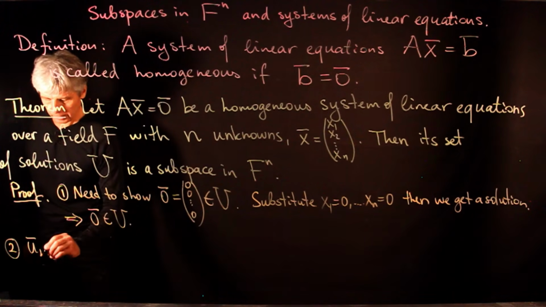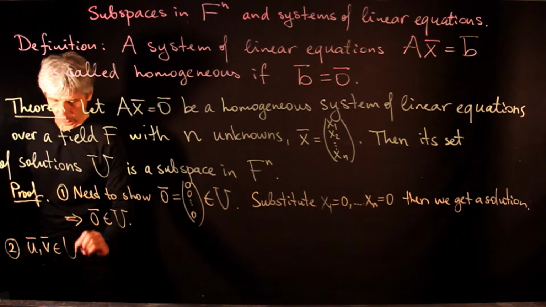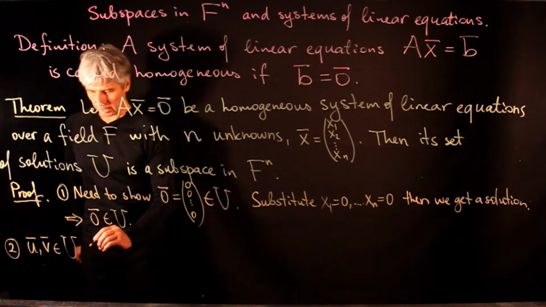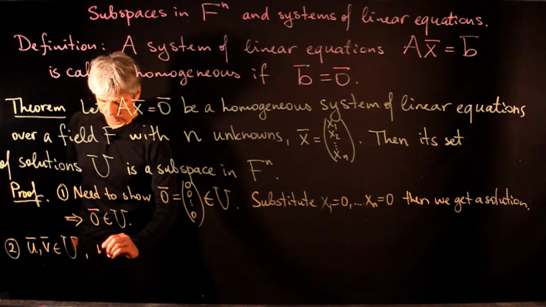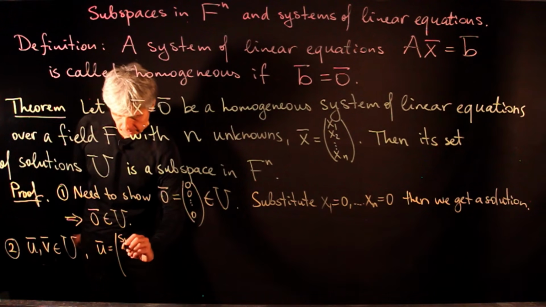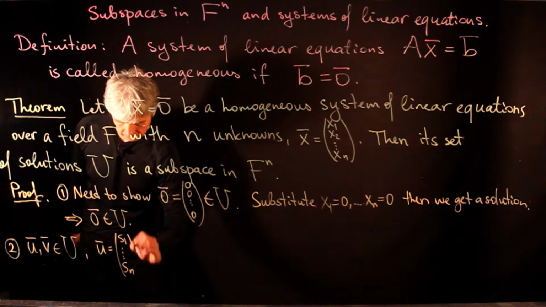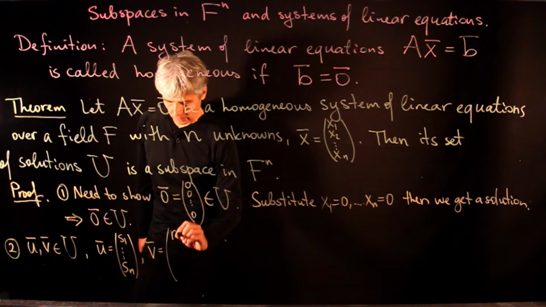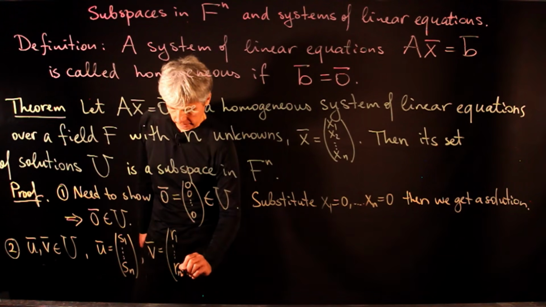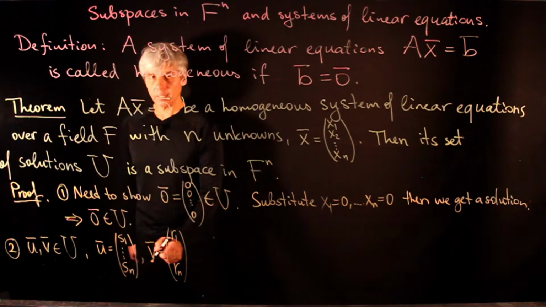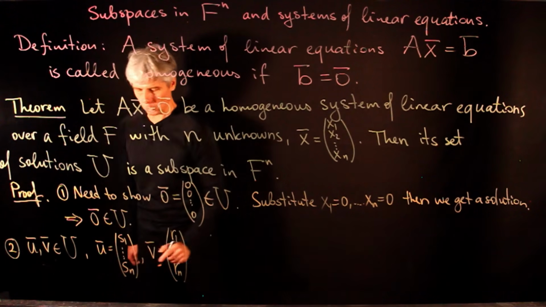Now, for part 2, we take 2 vectors in U. So u and v are in U. Let us write them down. u is a column s1 through sn, and v is a column r1 through rn. So what does it mean that these 2 vectors belong to U?